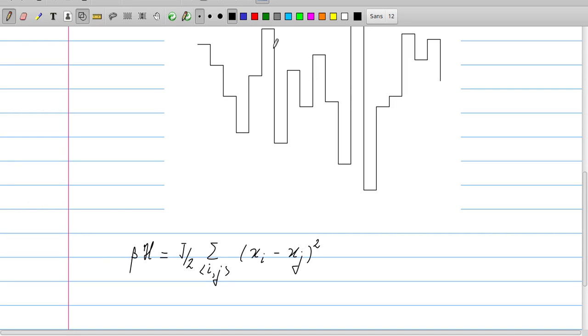We can also assume that it's a quadratic function of those height differences, and then we arrive at a Gaussian Hamiltonian, although in this case the heights xi and xj, they are discrete. They do not assume any real value.